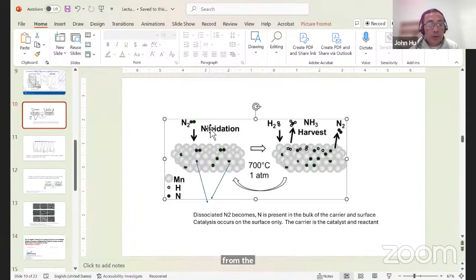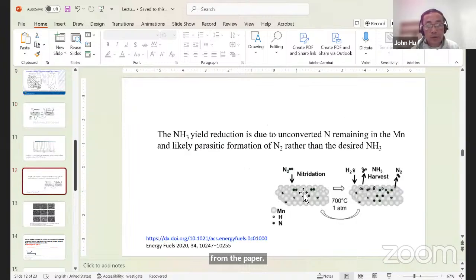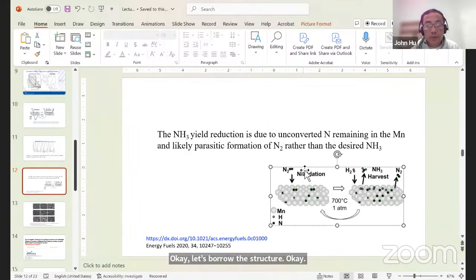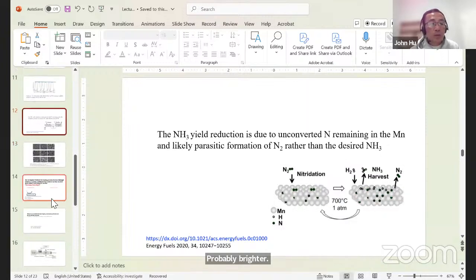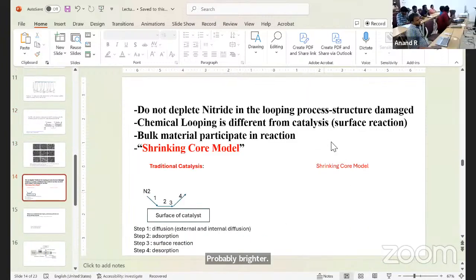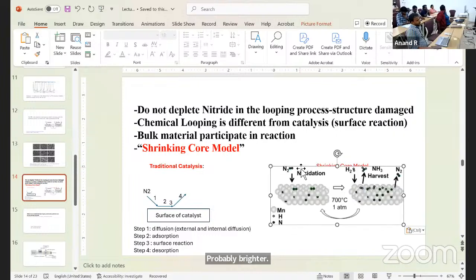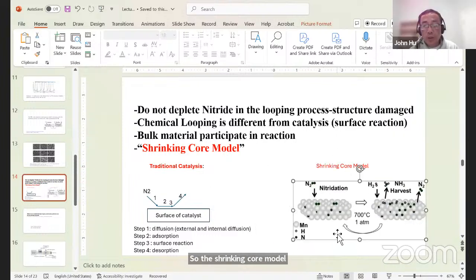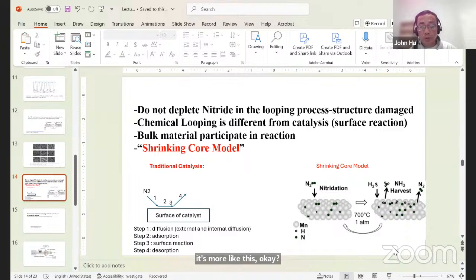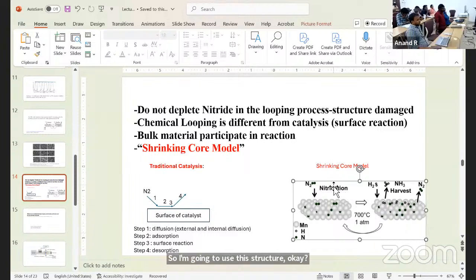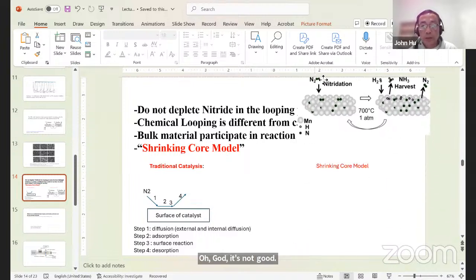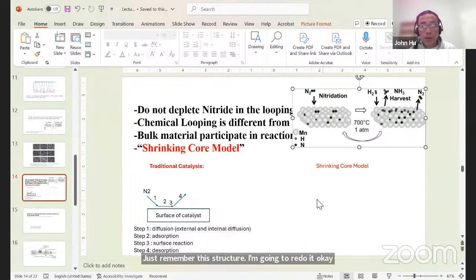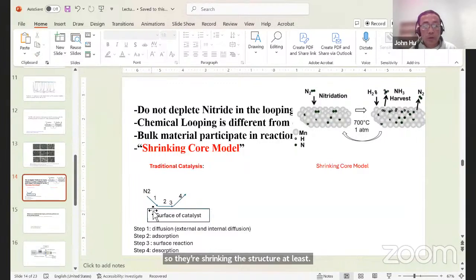Okay, let's borrow this structure. I think this is probably better. So the shrinking core model is more like this. Okay, so I'm going to use this structure. The shrinking core model. It's not good, so just remember this structure. I'm going to redo this. Okay, so the shrinking structure is like this. I'm going to do the same thing.